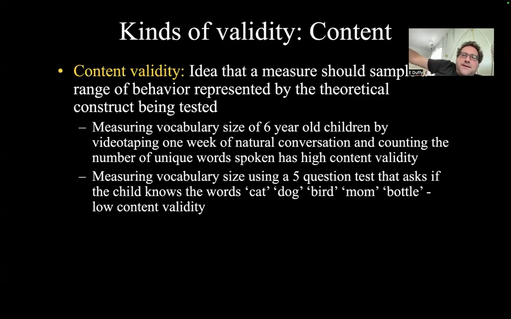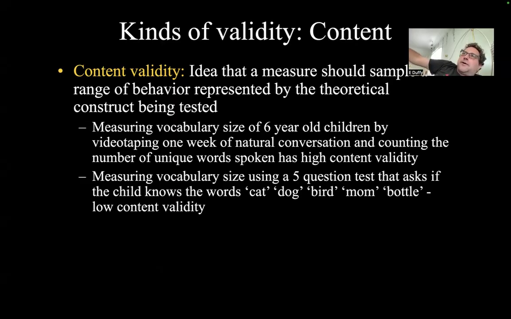Content validity deals with the idea that a measure should sample the range of behaviors that's represented by a theoretical construct. So let's use vocabulary as an example. One can measure a child's vocabulary size by giving them a test where they have to define a bunch of words. Maybe it's 25 words that they have to define.